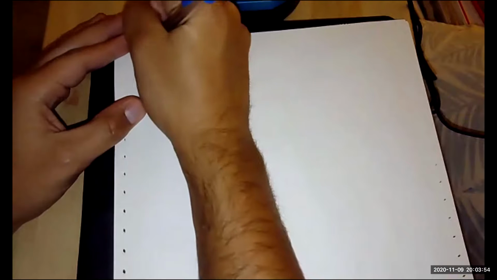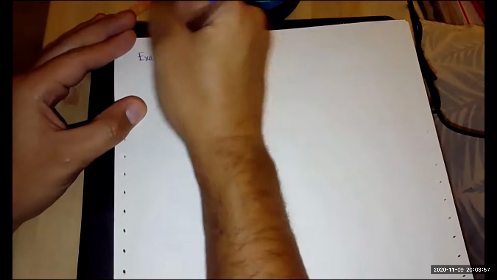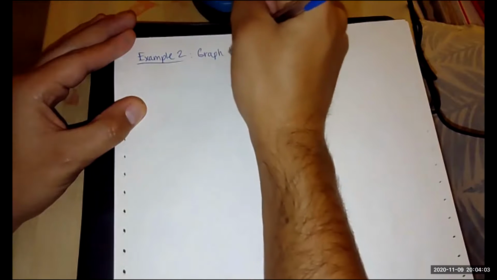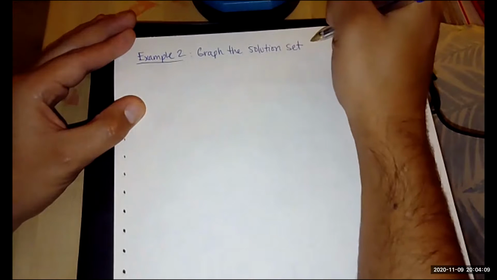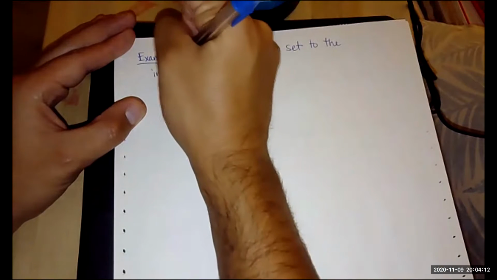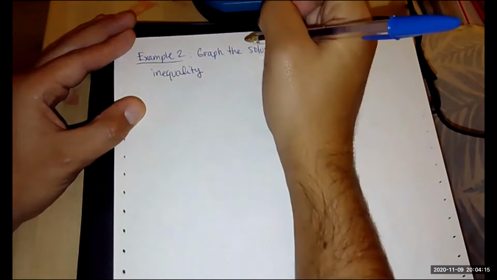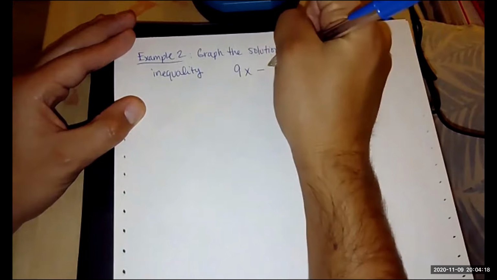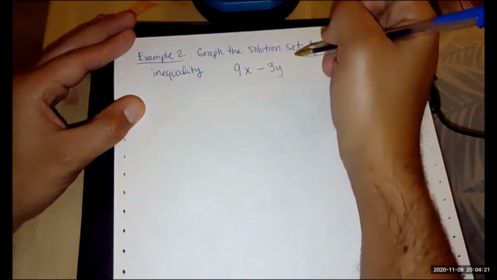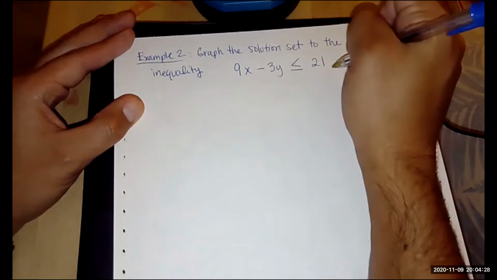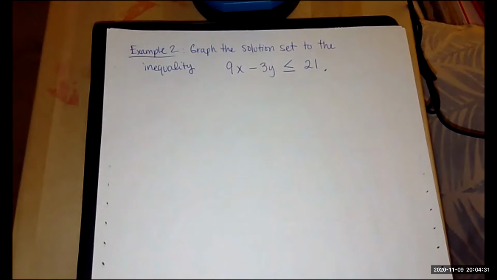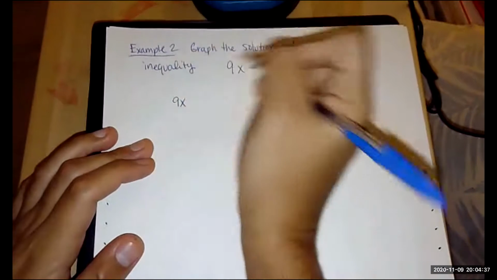So example 2 from this section is that we want to graph the solution set to the inequality, and they're giving us 9x minus 3y is less than or equal to 21. So let me write this inequality down really quick.